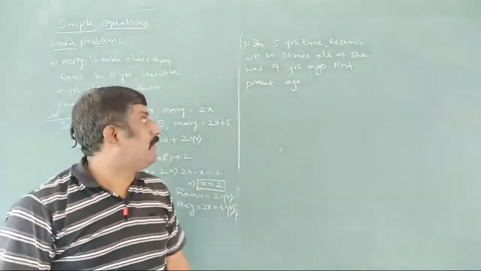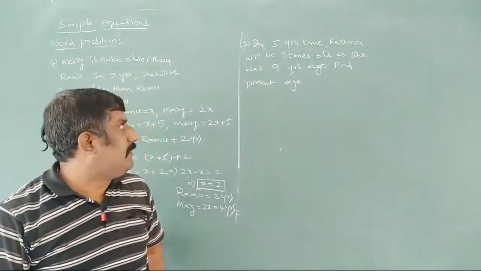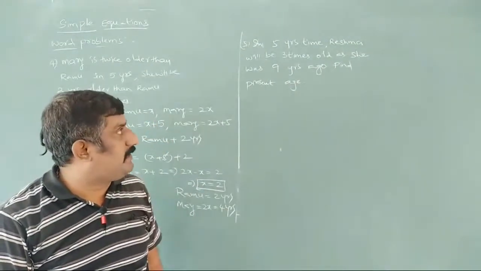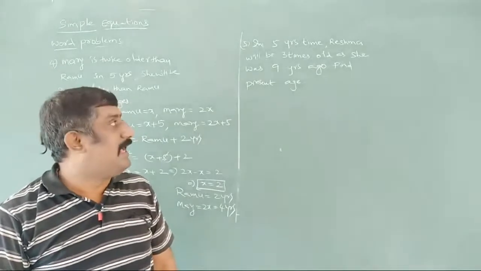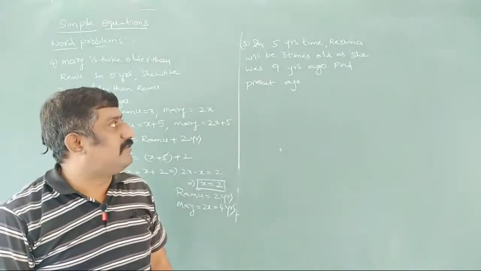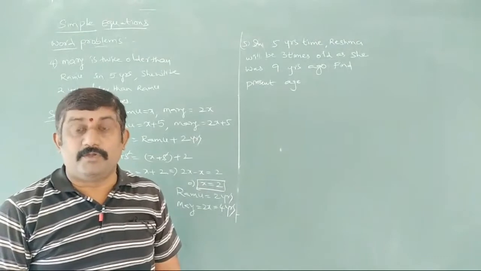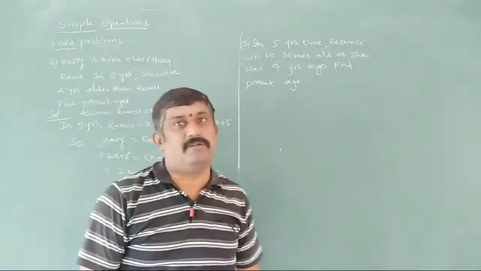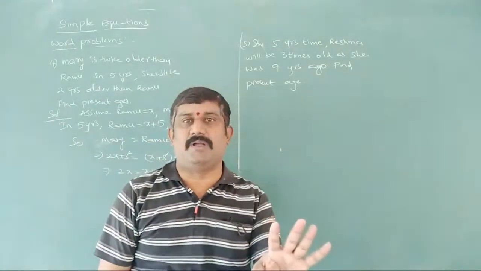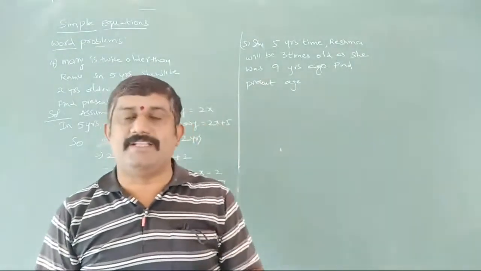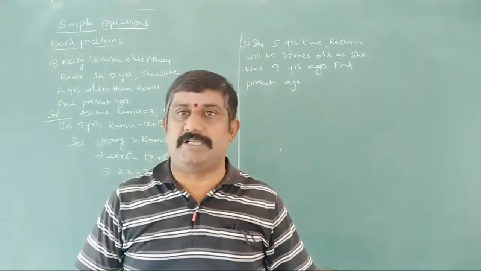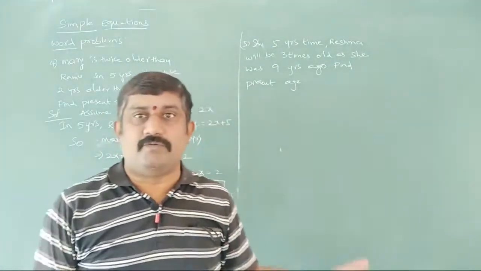Observe here the problem. In 5 years time, Reshma will be 3 times as old as she was 9 years ago. You observe the problem carefully here, because no other person is here, only Reshma. She is comparing her age, future age and past age. What is future age?